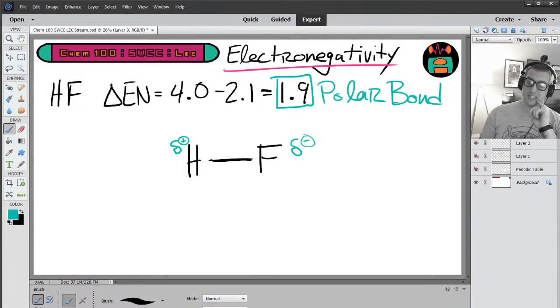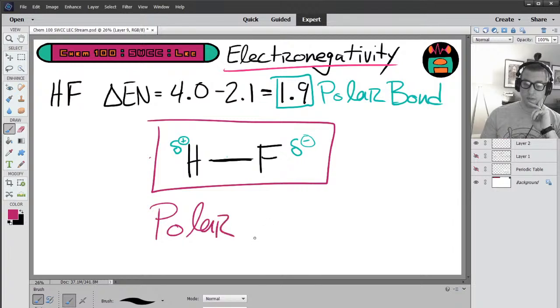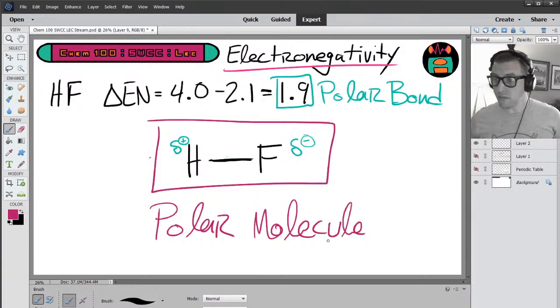HF is an example of a polar molecule. All right, a polar molecule.